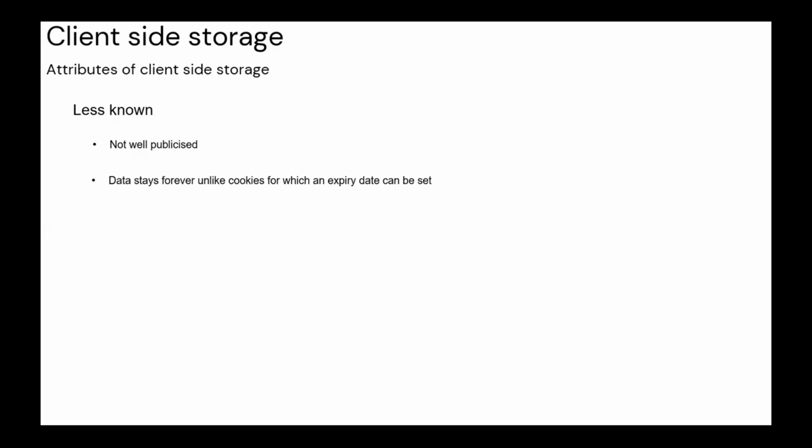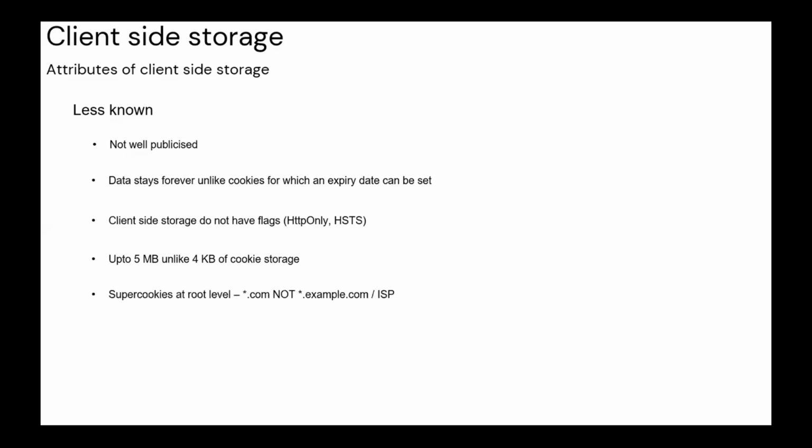So if you don't delete it, it stays on forever. And client-side storage does not have any flags like HttpOnly, Secure, HSTS. And unlike the 4 KB limitation on cookie storage, client-side storage like IndexedDB can store up to 5 MB. So that's another difference.